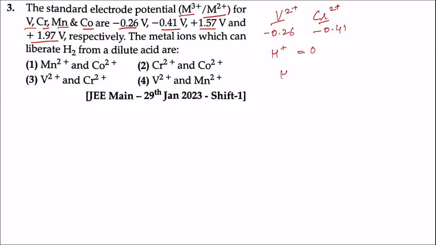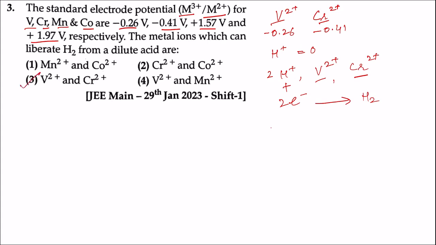So in the solution, if H plus ion, vanadium ion and chromium ion are present, then H plus ion, having greater reduction potential than vanadium and chromium ion, will accept electron and change into hydrogen gas. Vanadium and chromium ion, since their reduction potential values are less than H plus ion, will not accept electron. So vanadium and chromium ions will be able to liberate hydrogen from dilute acid. So correct option is option 3.